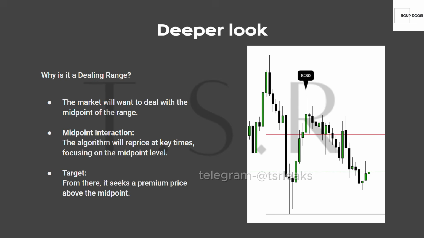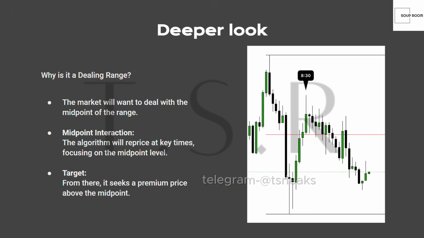Moving on, a deeper look. Why is it a dealing range? Why is it a dealing range and not a normal range? Because the market will want to deal with the midpoint of the range. All right. The market will want to deal price to the midpoint of the range. Why? Because we took out both sell side and buy side liquidity.